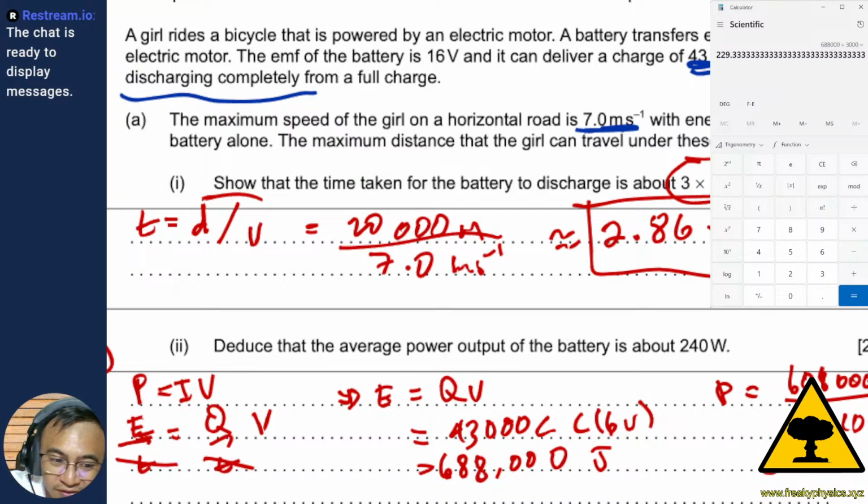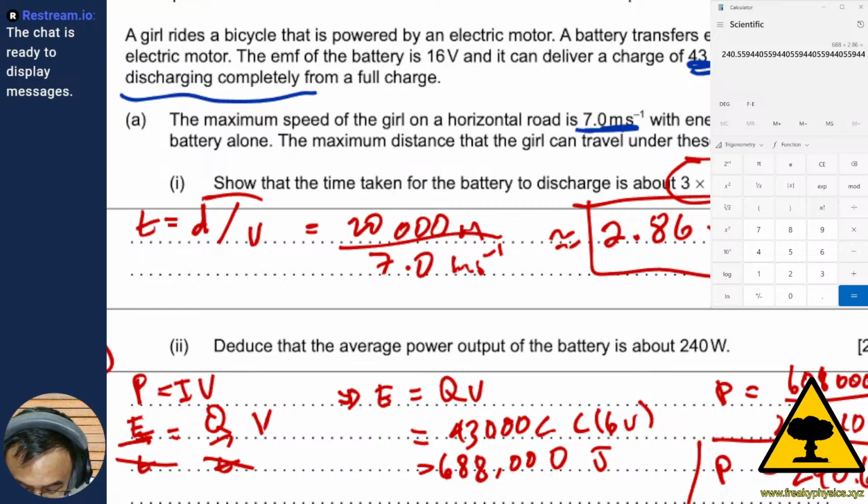Oh, what if we use 2.86? 688 divided by 2.86. There we go. That's going to give us 240.6 watts. Which is, again, close to what we have. All right.